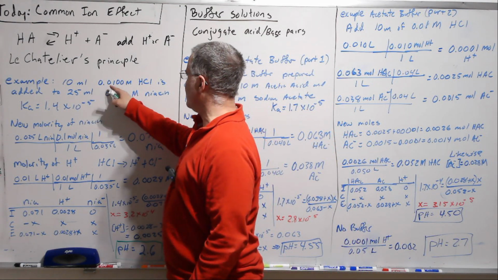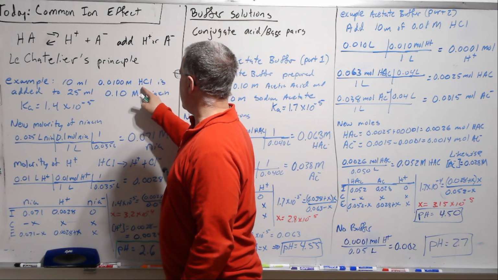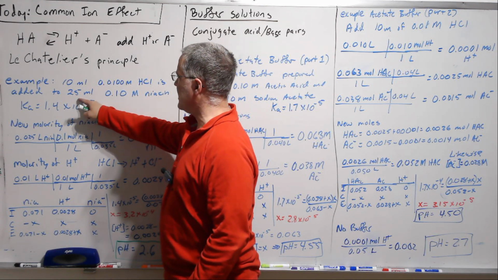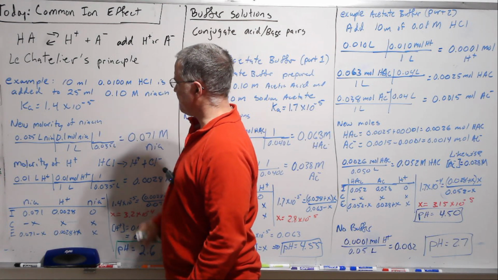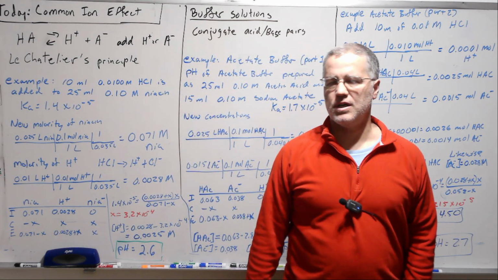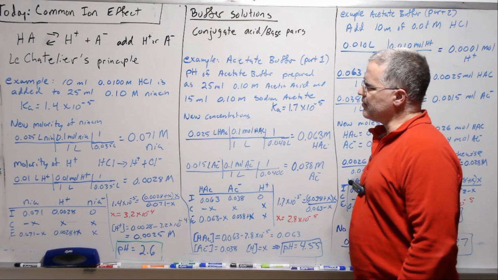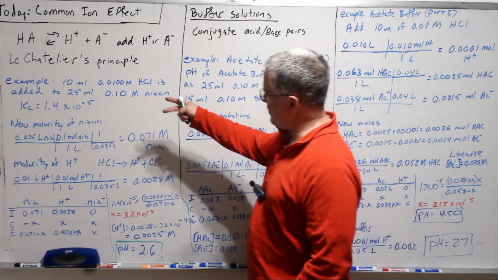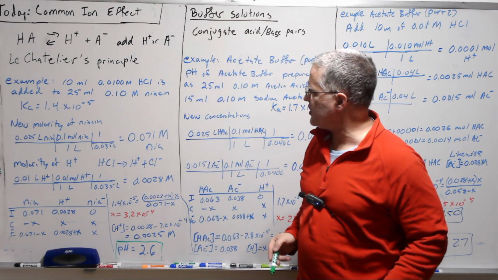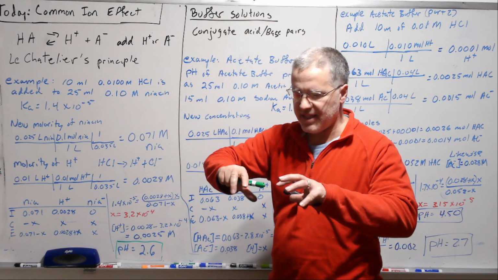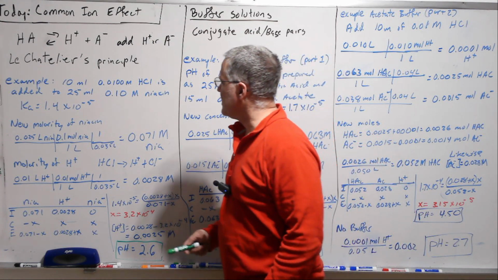Let's say we have 10 mils of 0.01 HCl added to a niacin solution. Okay, so our job here, first thing we need to do is, because we've changed the volumes here, let's get the new molarities before any reaction has happened. So we imagine adding these, then boom, what's the molarity?